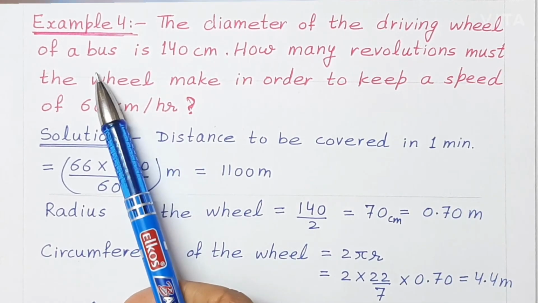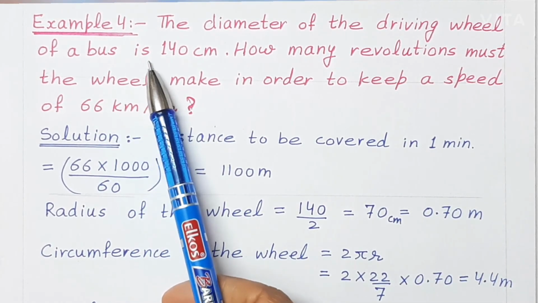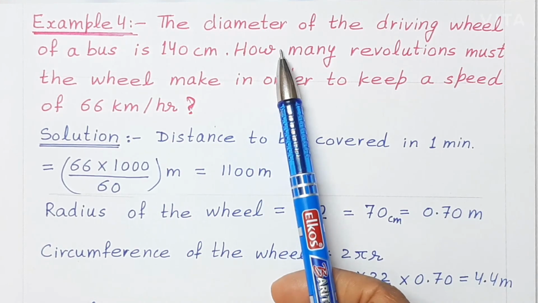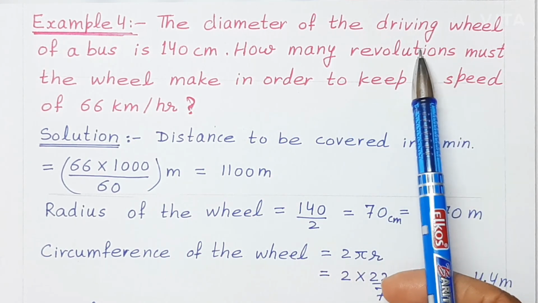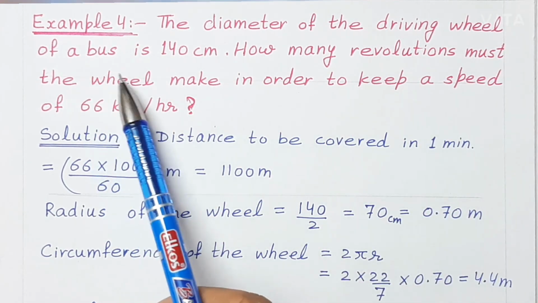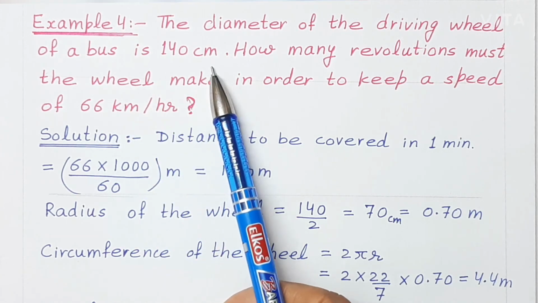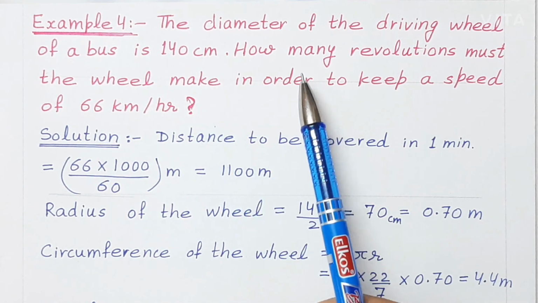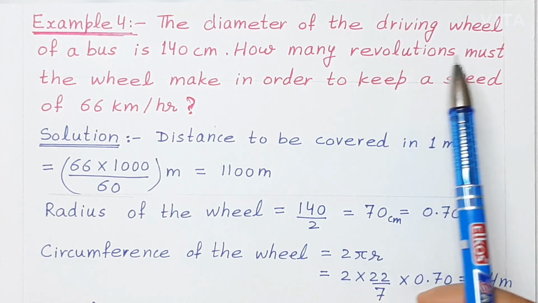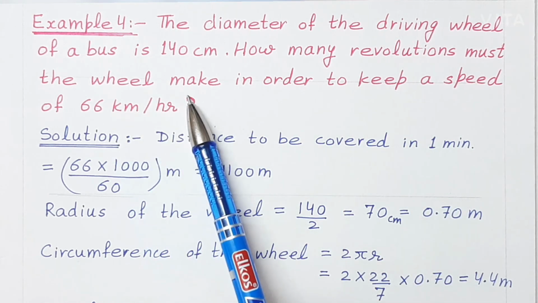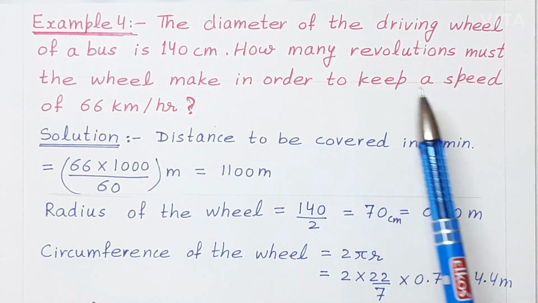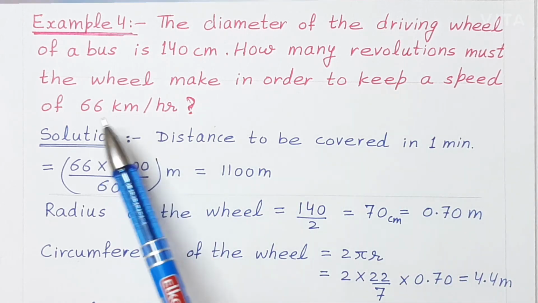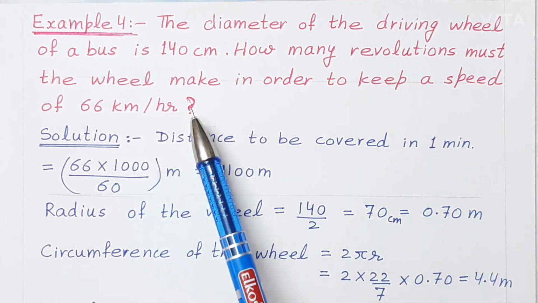Now the next example number 4: the diameter of the driving wheel of a bus is 140 centimeter. How many revolutions must the wheel make in order to keep a speed of 66 km per hour?